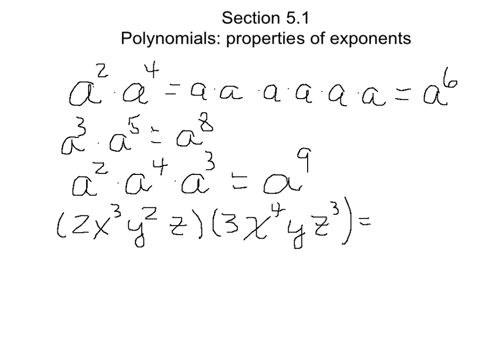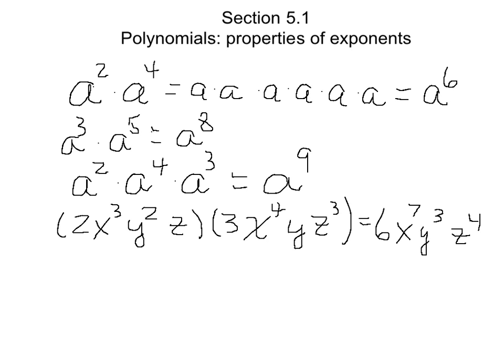So 2 times 3 is 6, then we multiply the x's, we multiply the y's, and we multiply the z's. So take a second, what do you think you get? 6 x to the seventh, y to the third, z to the fourth.